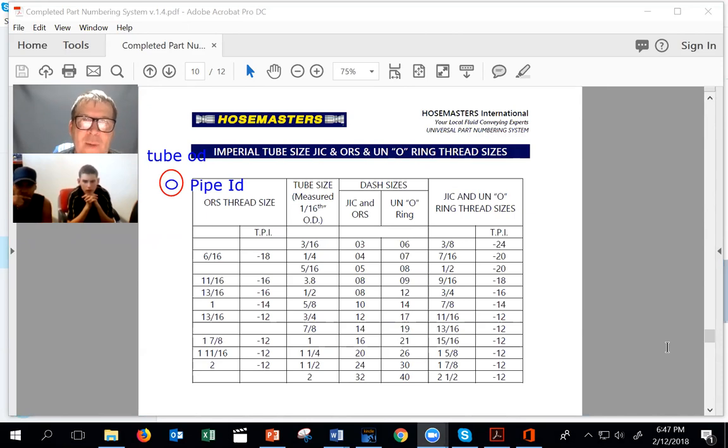So when you think about it, let's see if I can draw it for you. You've got this nut. That's the nut, right? Now the nut fits onto a tube.